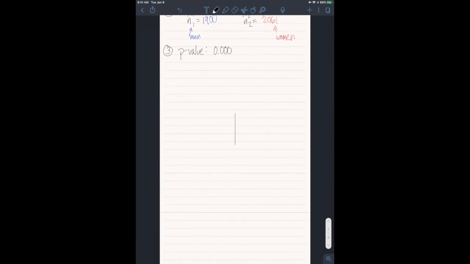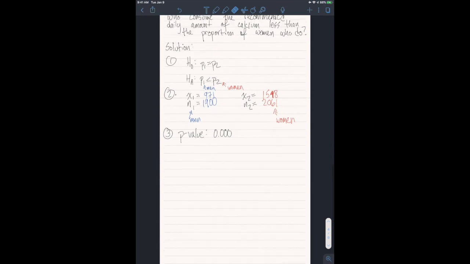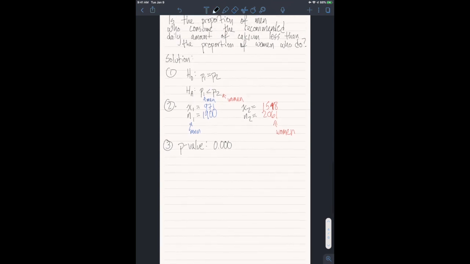Yep, 3 zeros and then a 1. The iPad doesn't like going back and forth between apps, I guess. It actually said it was less than 0.0001, but for our purposes, that's fine. Looks like it rounded it up, but I wanted to let you know it's actually even smaller than that.